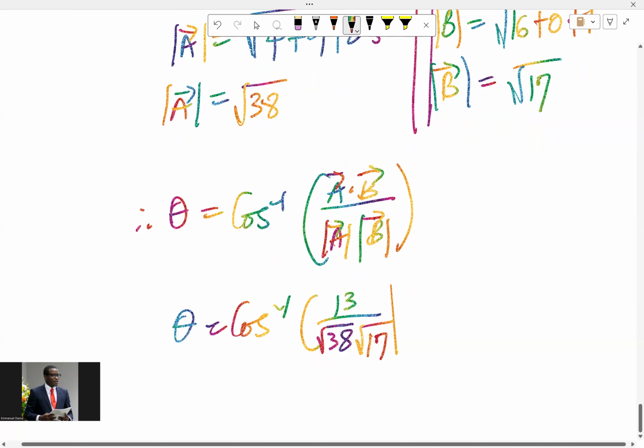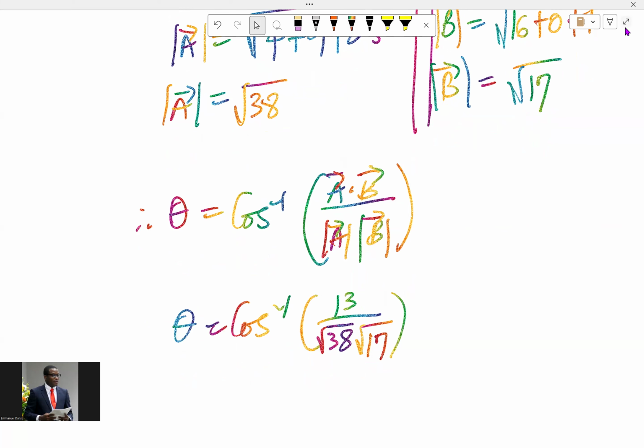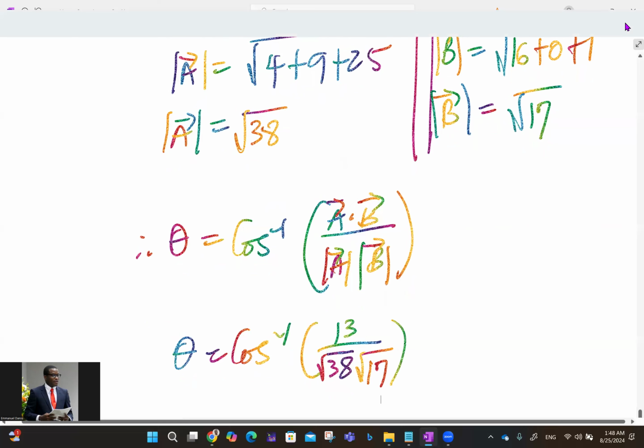So you need a calculator to get this done. We can quickly refer to Desmos for this.